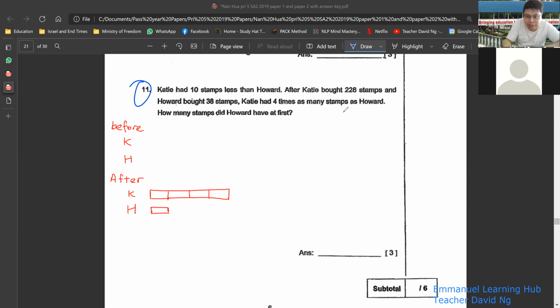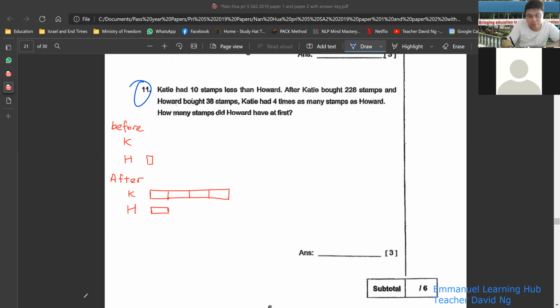Okay, just like I mentioned, Katie had 4 times as many stamps as Howard. So that is after they bought those extra stamps. Then you think for a moment now. Katie bought 228 stamps. Howard bought 38 stamps. So obviously, their original length will be a lot shorter, right?